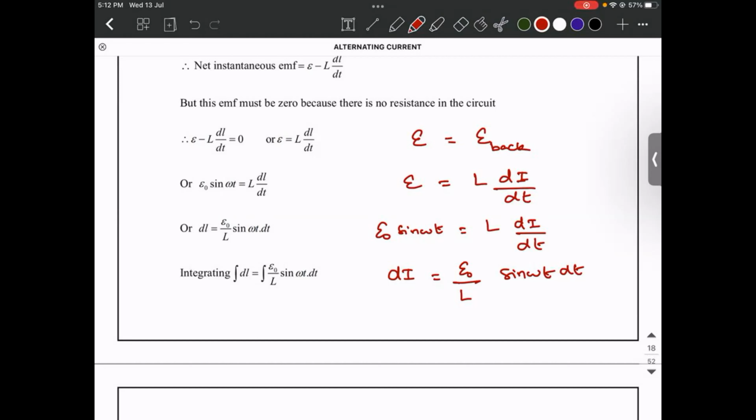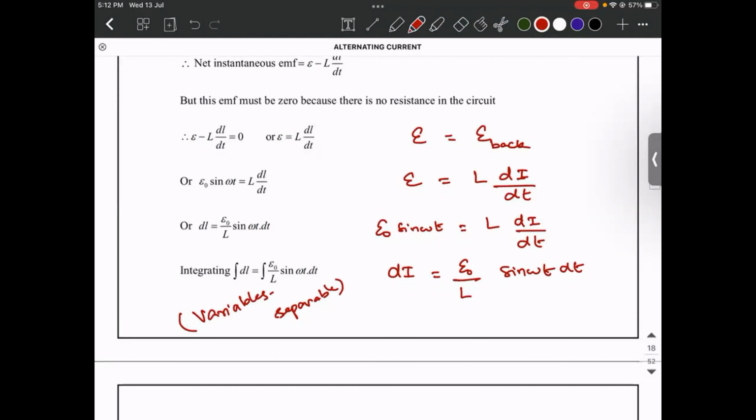For example, in this case, I separated the t term and the I term separately, meaning I is a function of t. After that, I can go with integration. This technique of separating the variables is called variables separable. Just for your information, you learn about this in your math 9th chapter on differential equations. Since last year you have been doing this in kinematics, remember, a is equal to dv by dt.